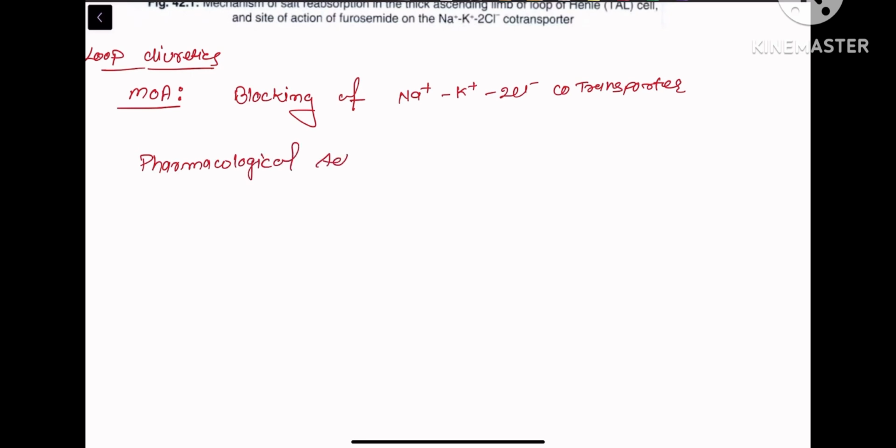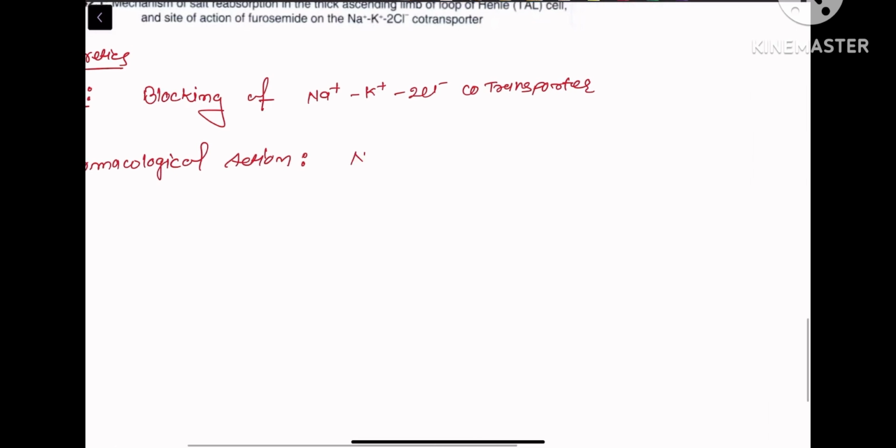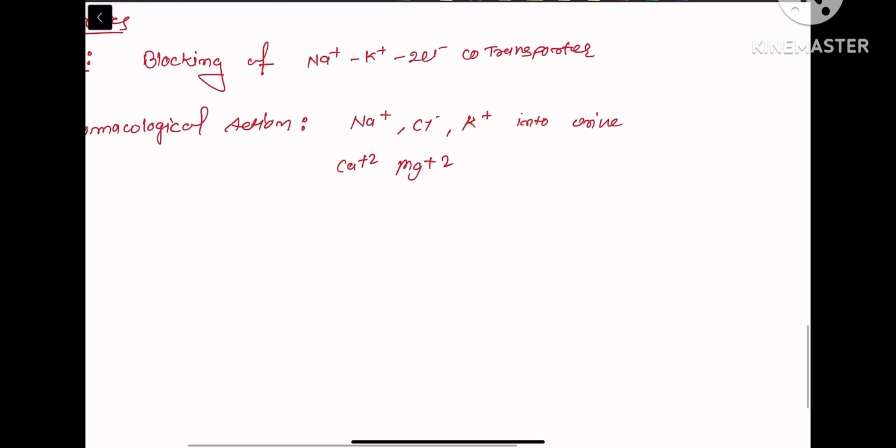The pharmacological action of the loop diuretics is increasing sodium, chloride, and potassium in urine along with calcium 2+ and magnesium 2+.